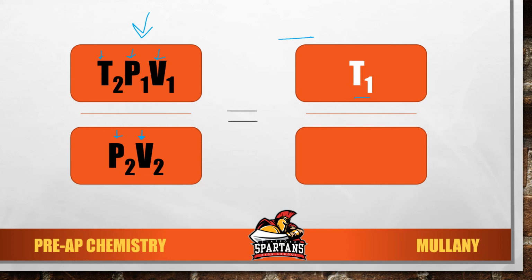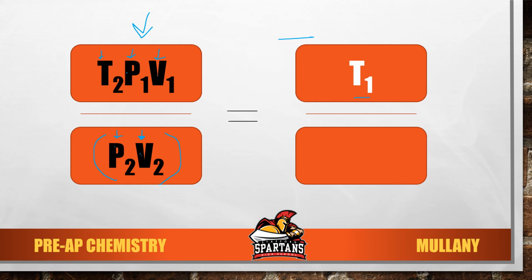If you put those numbers in the calculator and said T2 times P1 times V1 divided by P2 times V2, you're going to get the wrong answer. And the reason is because of order of operations, this math rule. Basically you have to put these in parentheses if you do it your way. Well, you would have to say T2 times P1 times V1 divided by parentheses P2 times V2 equals T1.